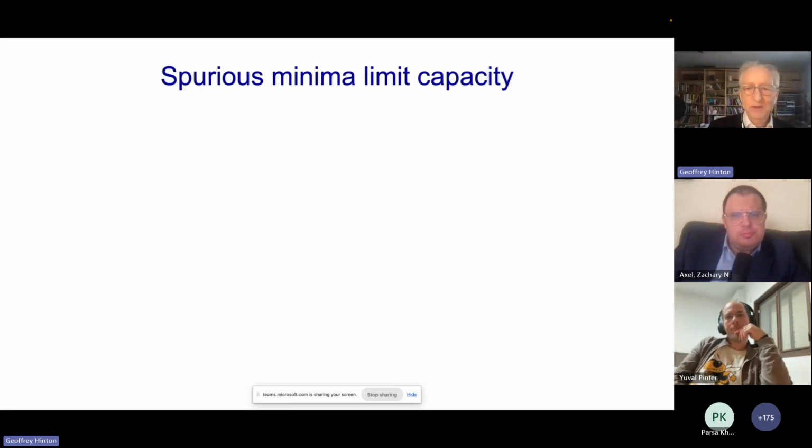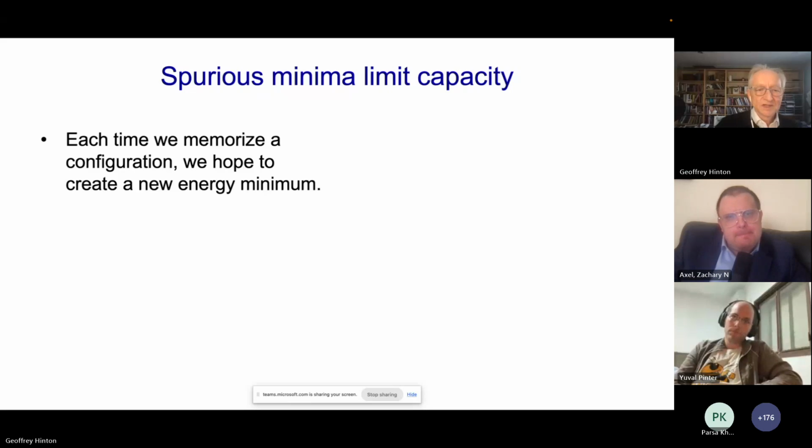So what people discovered with Hopfield nets, a lot of research was done by physicists. They discovered that one thing that limits how many memories you can store is spurious minima. Each time you memorize a complete configuration of the network, that is an assignment of ones and zeros to all the neurons in the network, you create an energy minimum. At least you hope you create an energy minimum.